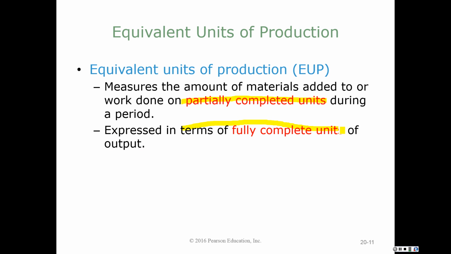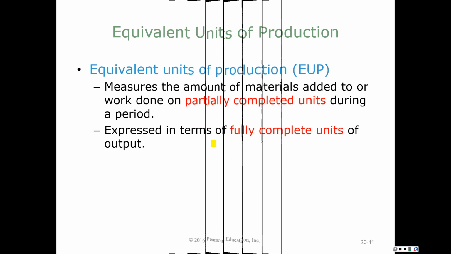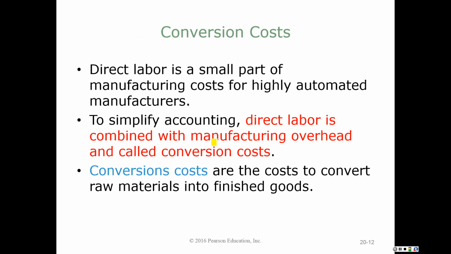It confuses me even sometimes. We need to know the cost of the partially completed units, but we are going to express the cost of those partially completed units in terms of the equivalent units of production of fully completed units. So bear with me. We'll work through this as we go through the chapter, but this is what's taking place.